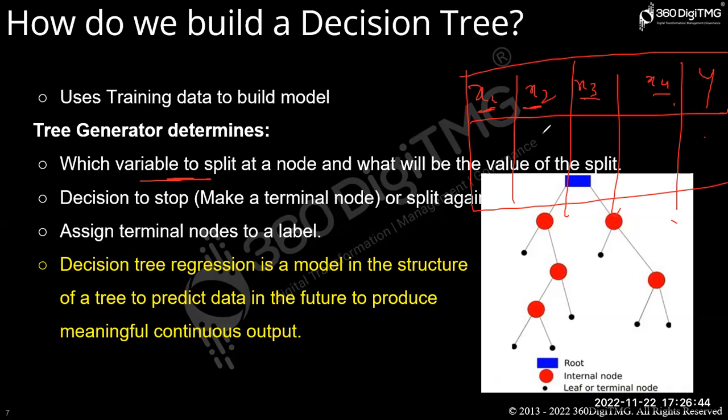So what we will be doing, we will be doing iterations. First, I'll be taking x1 as a root node, and then I'll be splitting the whole decision tree. And then I'll find out how many rules I will be having for x1. The same thing I will be doing with x2 as well.